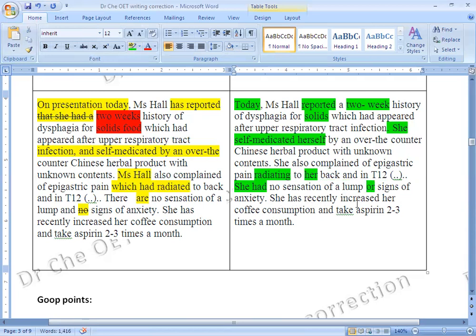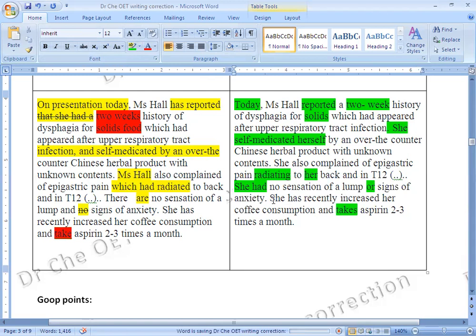She has recently increased her coffee consumption and takes aspirin 2 to 3 times a month.